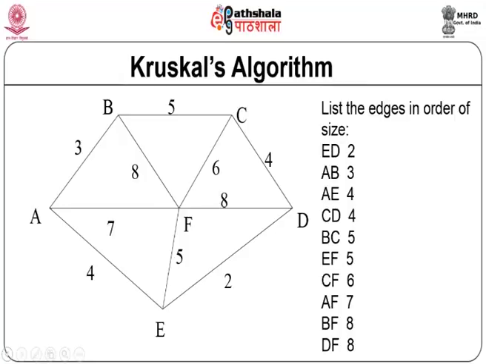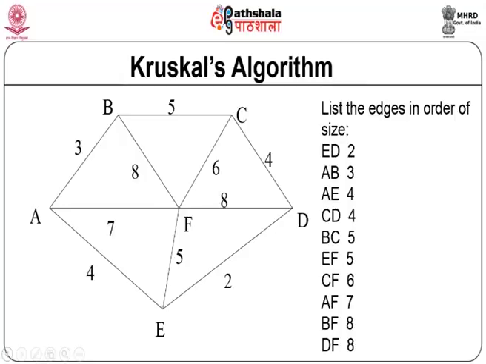Here you have E D as the first edge, 2, then A B 3, then A E 4 and C D 4, then B C 5 and E F 5, so you have two 5s, then C F 6, then A F 7, and then B F 8 and D F 8. We have just taken it such that the lower alphabet is always first, because it is an undirected graph.